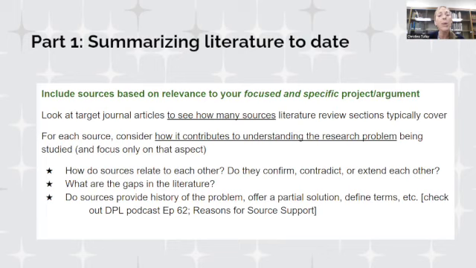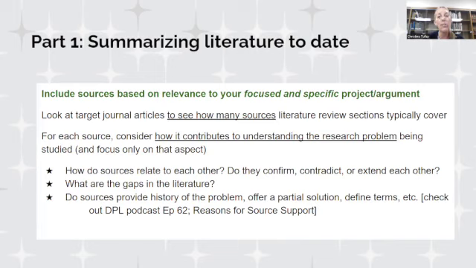But one of the things to think about for this first part is how to summarize the literature to date. This is where, again, it may be tough to decide what sources are in and what's out because so much literature has come before you. But one of the things to think about then is what is your focused and specific argument, or what is your focused and specific project doing?